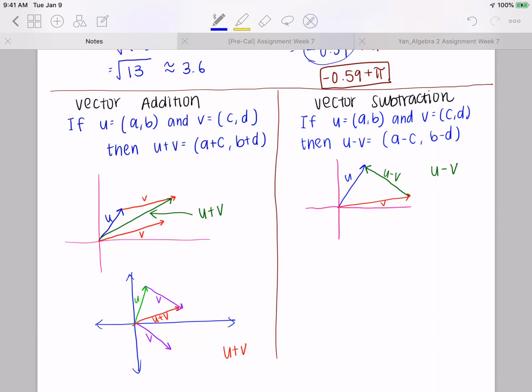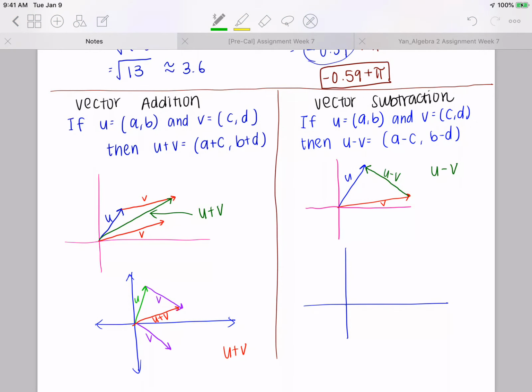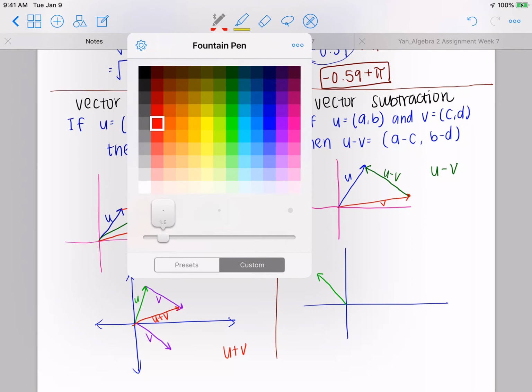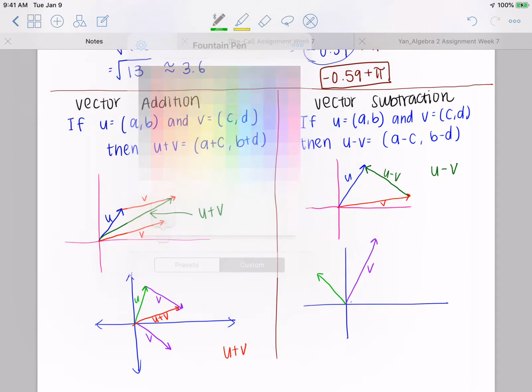Let's do another one. If I have u going this way, okay, and then my v going this way. Oops, that's not v, I used purple. So if this is v, this is u.